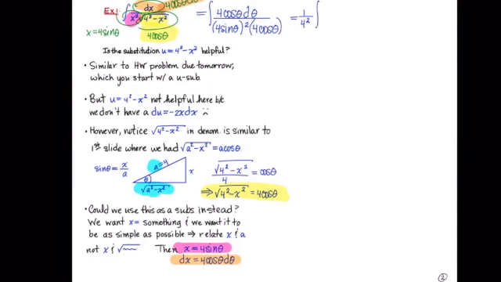That 4 squared is coming from the denominator there. And then we have 1 over sine squared theta d theta.